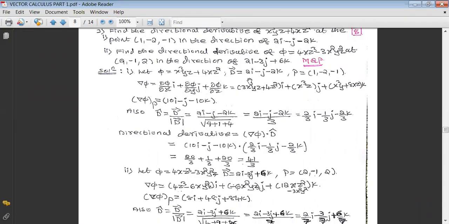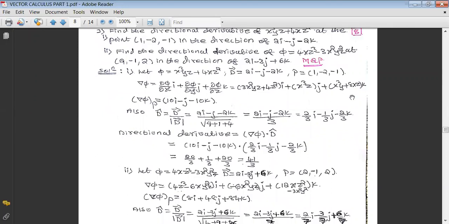Next, partially with respect to y, that is x cube z. Here there is no y term, it is 0, that is into j. Then I have to differentiate this partially with respect to z, and it has to be multiplied by k.